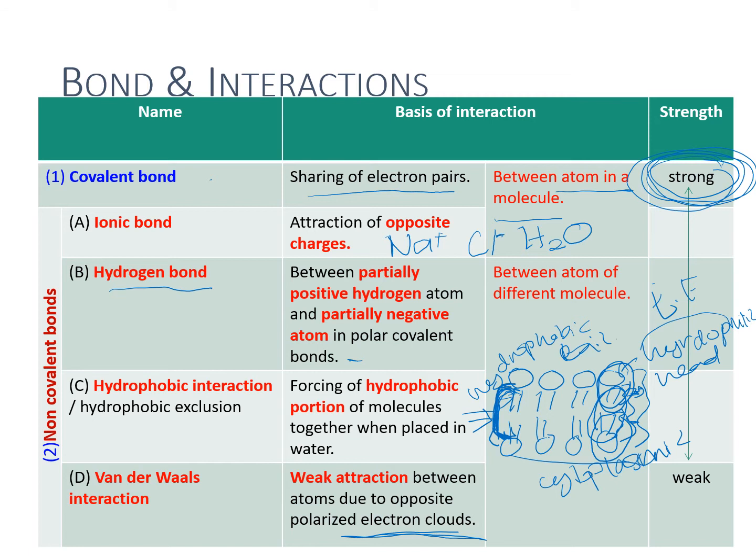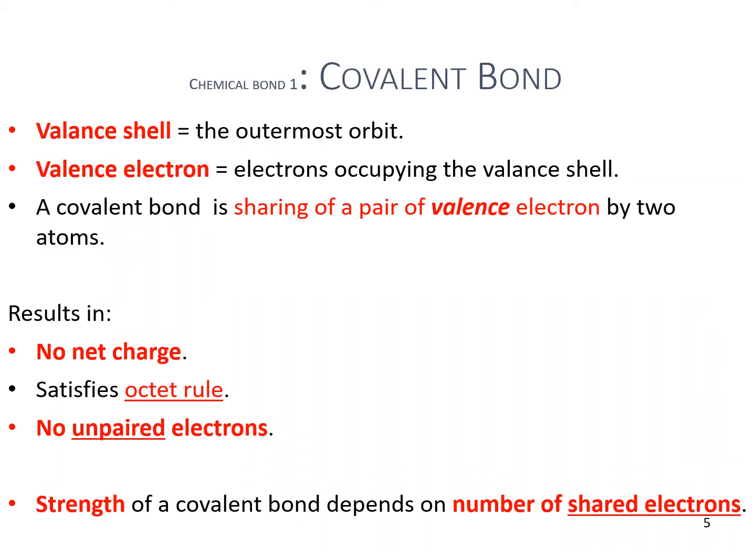Hydrogen bonds, hydrophobic interaction, and van der Waals interaction are examples of weak bonds. If the bond exists individually, it will be weak, but if they exist in large amounts, it will form quite a strong interaction.